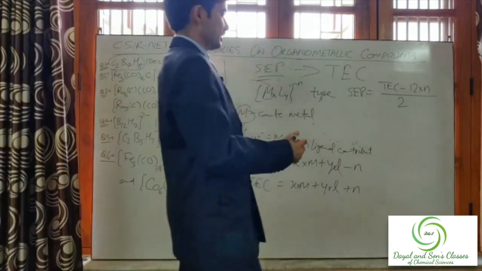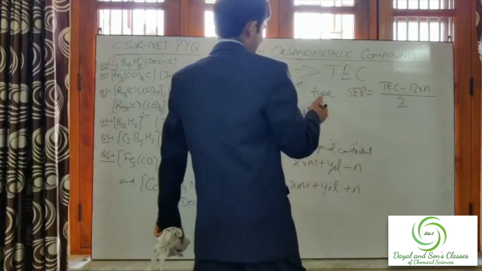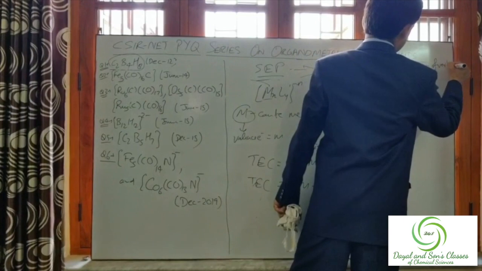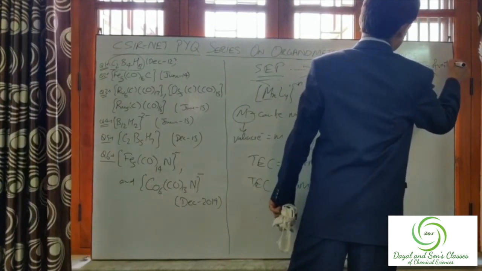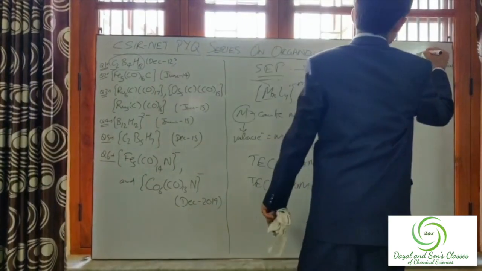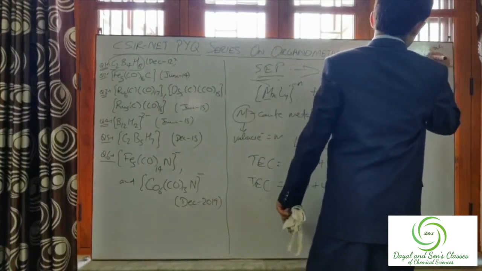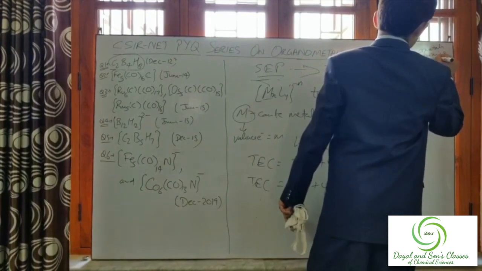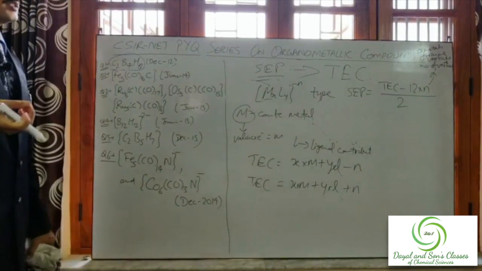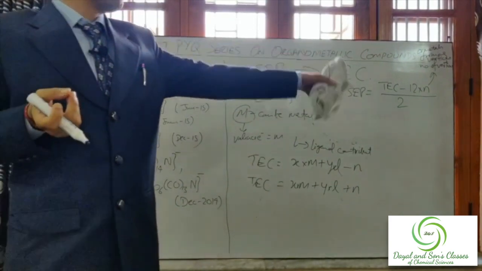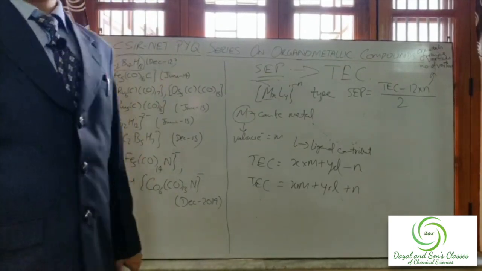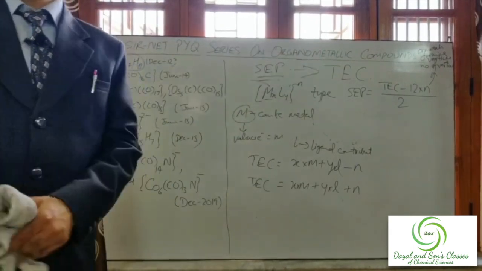Here n stands for the number of vertices or the metal centers. You can replace n either by the number of vertices or by the number of metals forming the vertices.